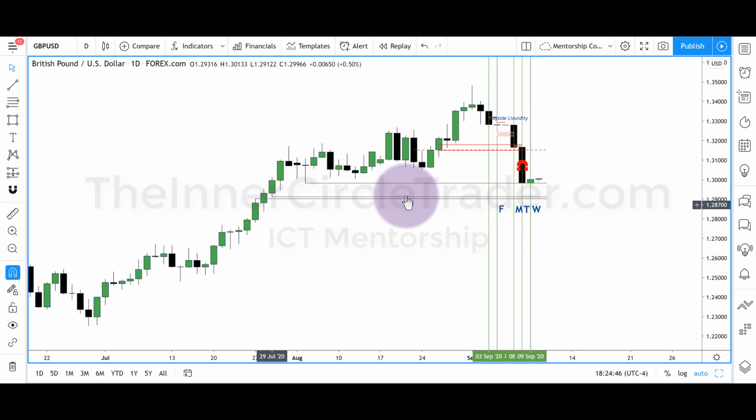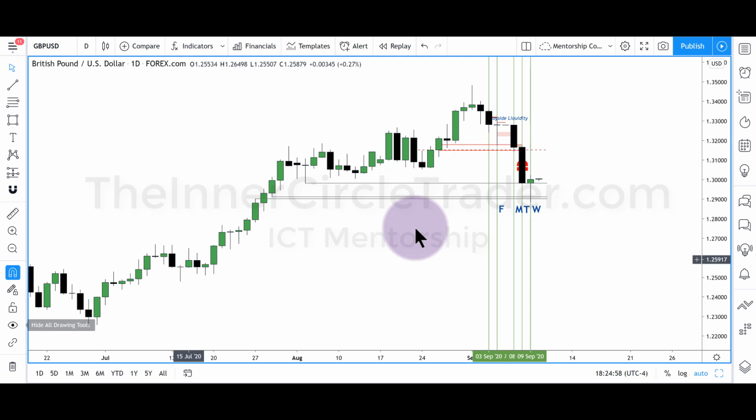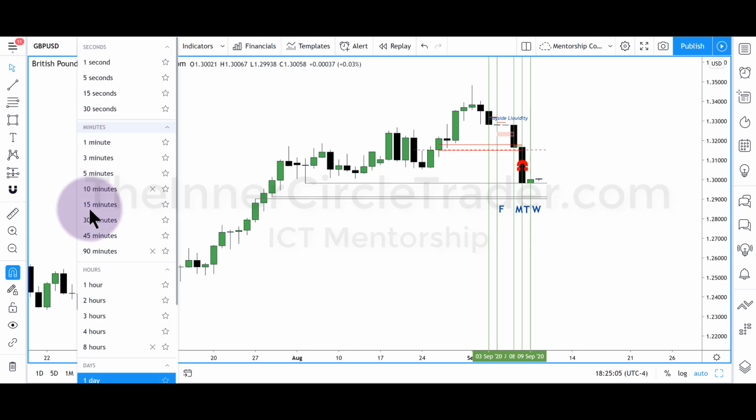Okay, and I'm going to toggle these annotations off so you can see the wick going down into it. See that? And we traded into it there. Okay, so with this understood, let's go back down into that hourly chart.